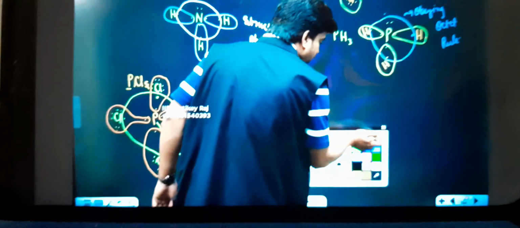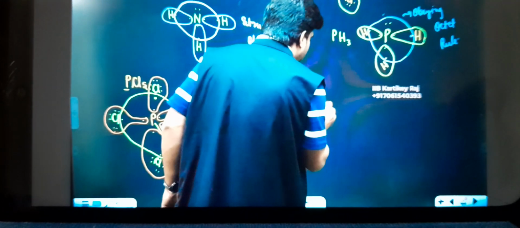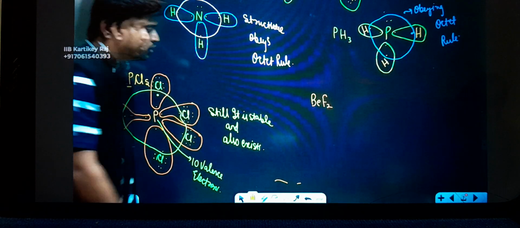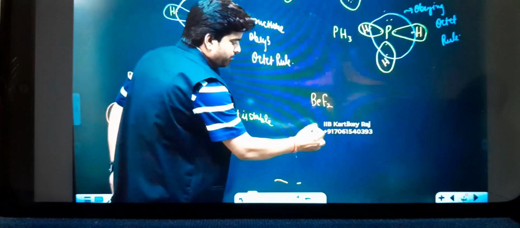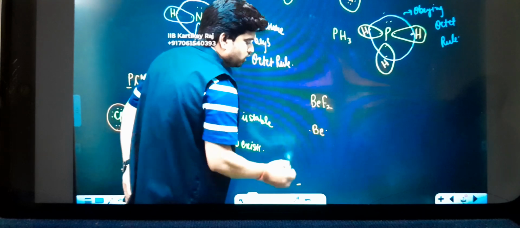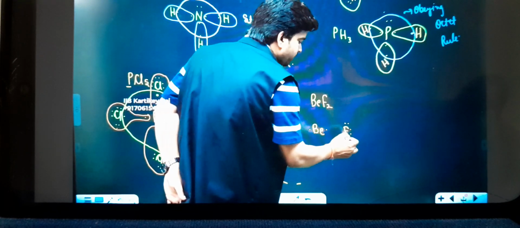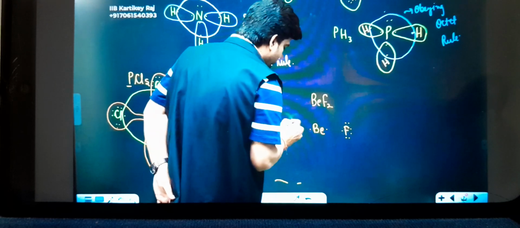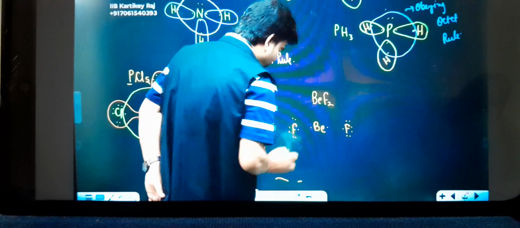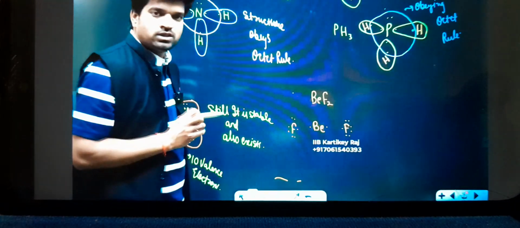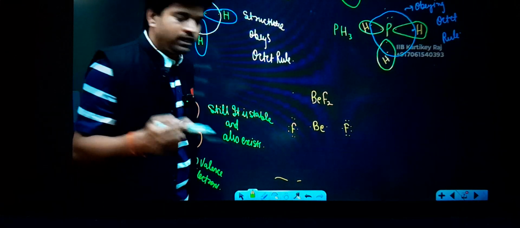If you take the example of beryllium fluoride, you find beryllium having 2 valence electrons, fluorine having 7 valence electrons. Now see guys, what does the fluorine want? Fluorine wants to maintain the octet. Fluorine maintains octet, no problem.